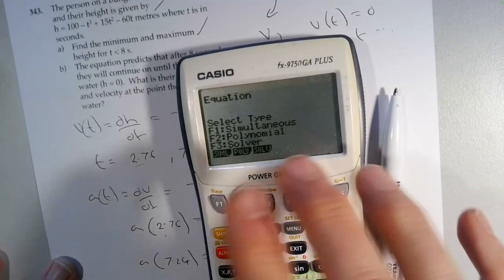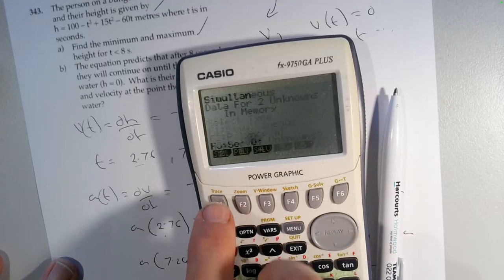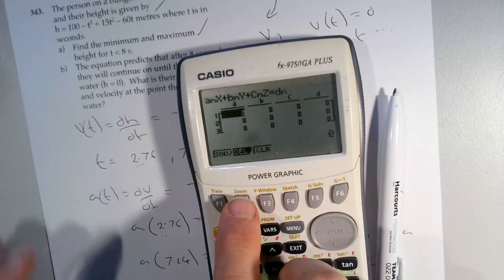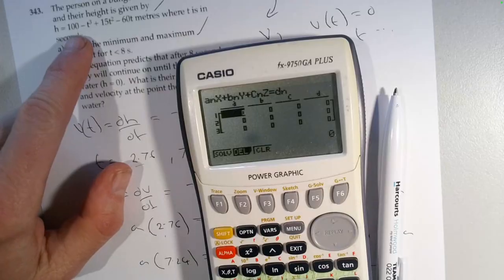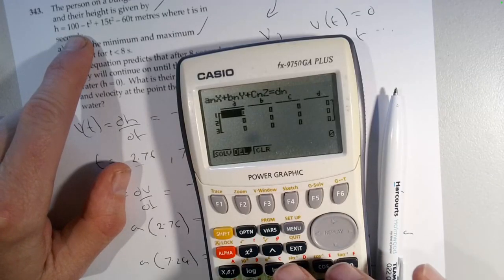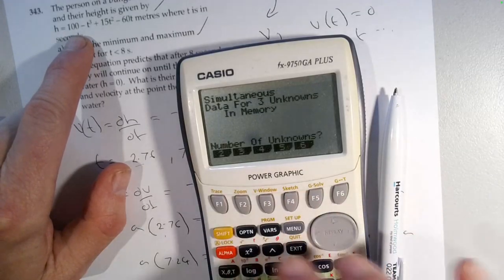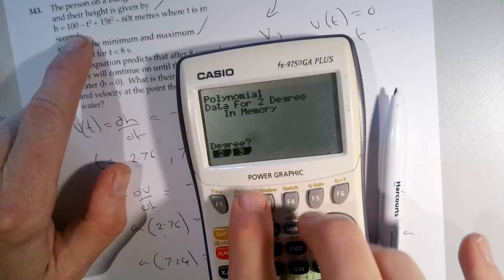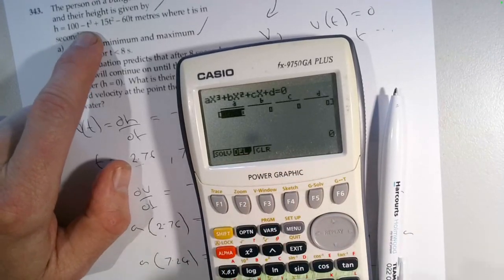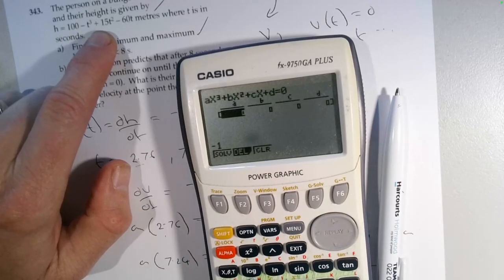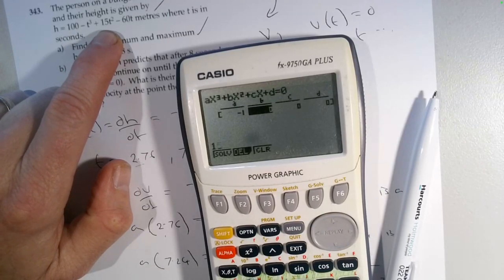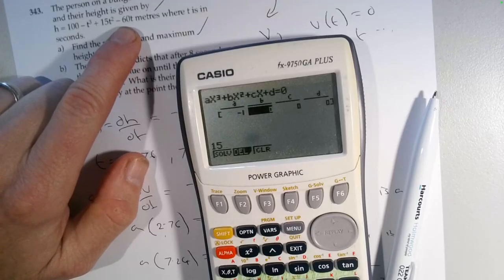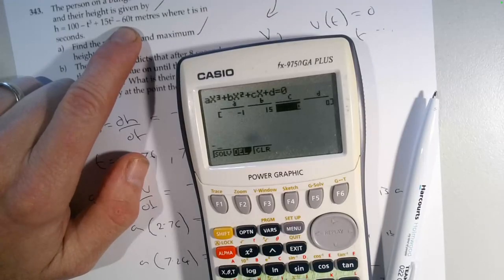So, if we were to do this using the algebra approach on this, let's do polynomials. This time it's going to be 3 because it's a cubic up here. So, actually, that is a mistake. We want 2. So what's the degree? 3, and we're going to say minus 1, 15, minus 60, and 100.